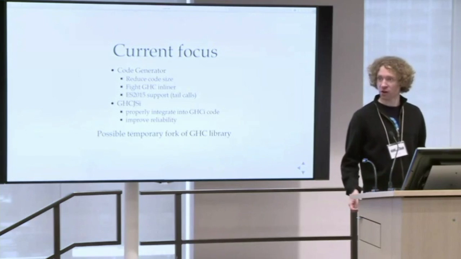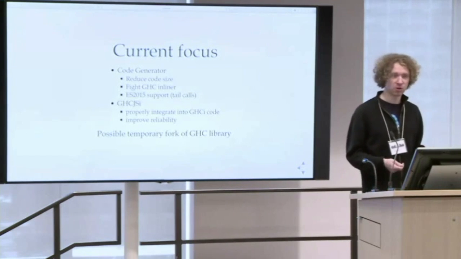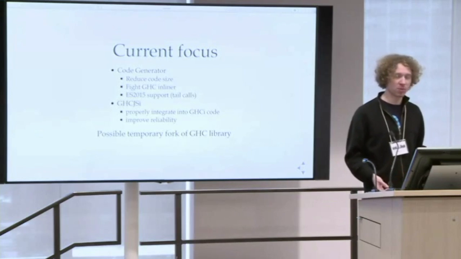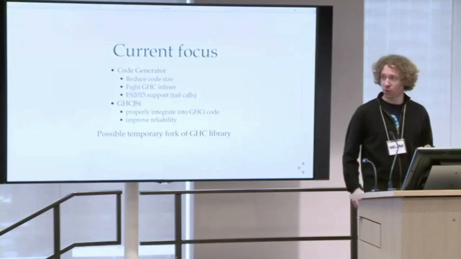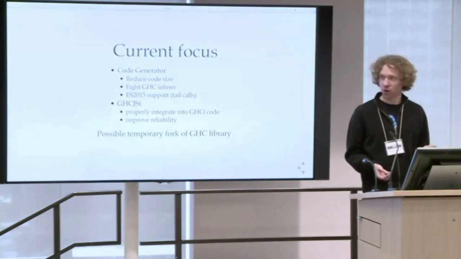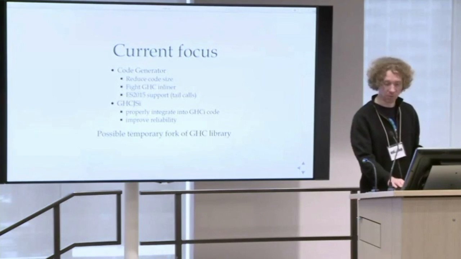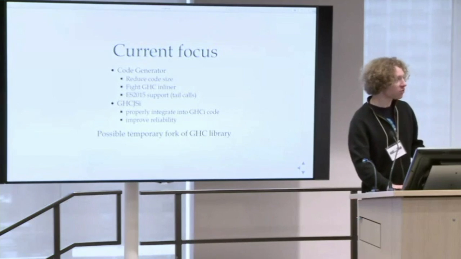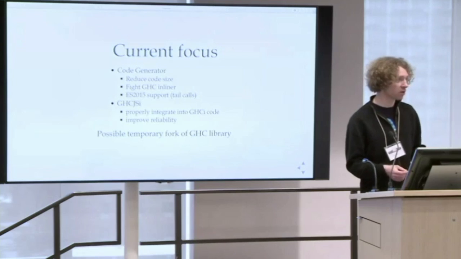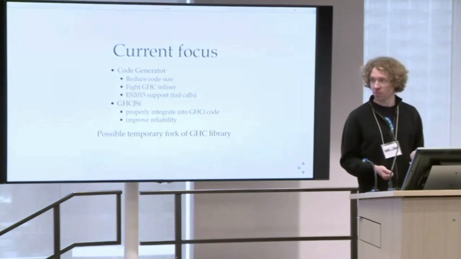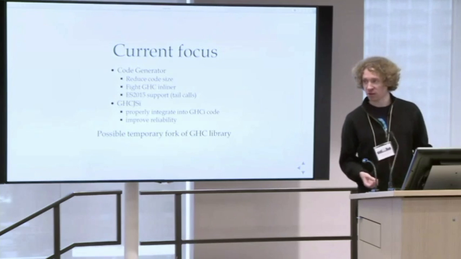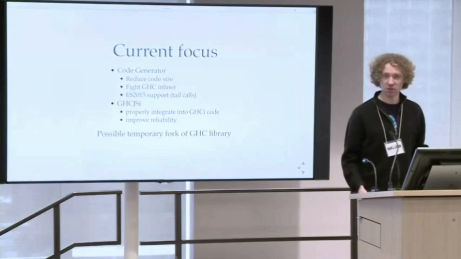And the other thing is GHCJSi, which is currently in a bit of a prototype status. It works, but some of the modules are basically complete copy-paste from GHC with some changes, and I think it just needs to be integrated properly into the GHC library, just like the code generator has been with the hooks API. So for this, there may be some changes, and maybe a fork of the GHC library will, in the course of this year, be a dependency of GHCJS.